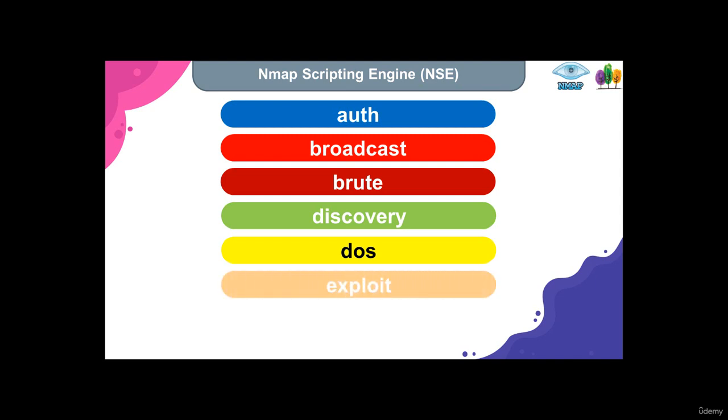Exploit. These scripts are intended to actively exploit a vulnerability. External. Scripts in this category can send data to a third-party database or another network resource. For example, whois-ip establishes a connection to the Whois servers to obtain information about the target's address.